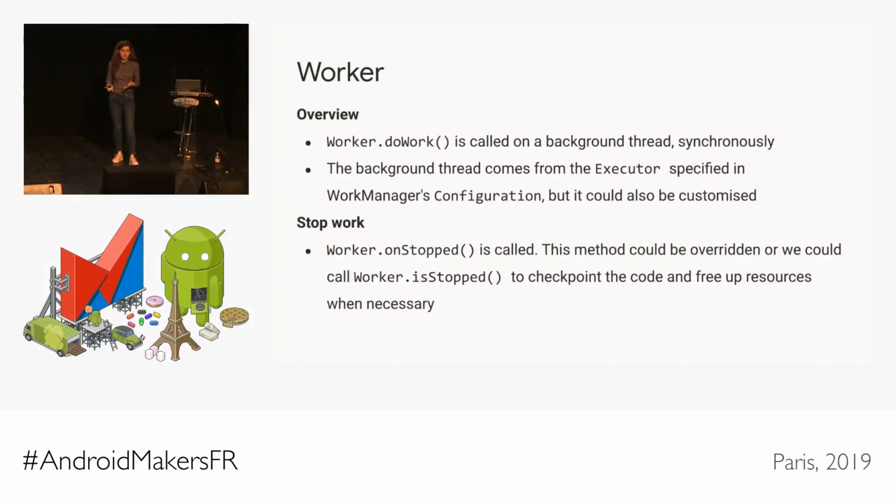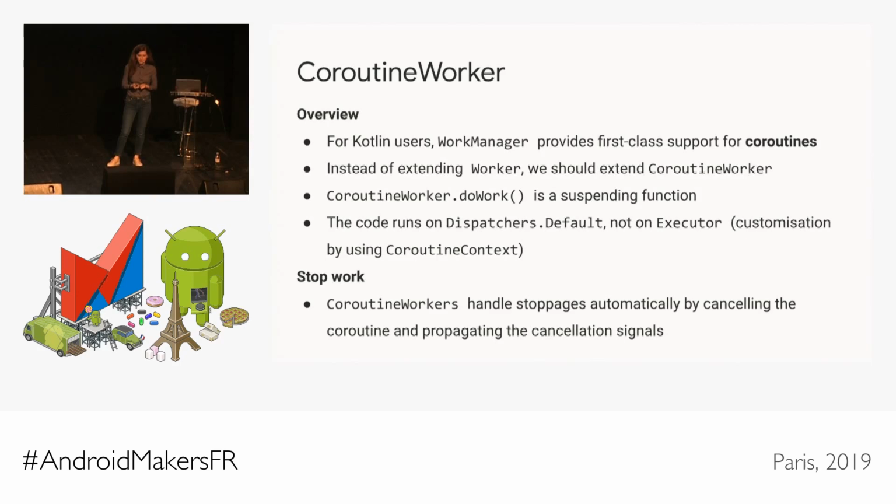So for our worker, let's go back to the trading idea, we have doWork, which is called on a background thread synchronously. And if we want to stop the work, onStop is called. We could override it, or we could call isStopped in order to release the memory that it used.